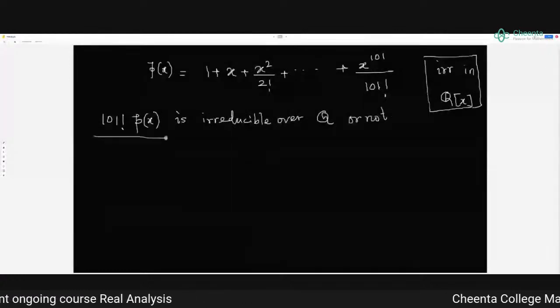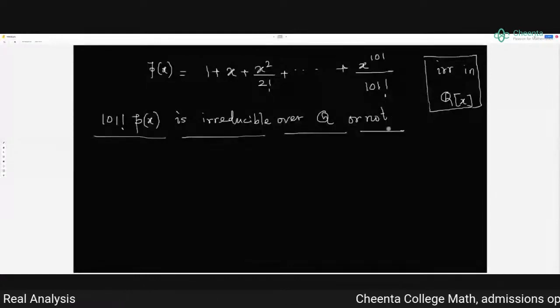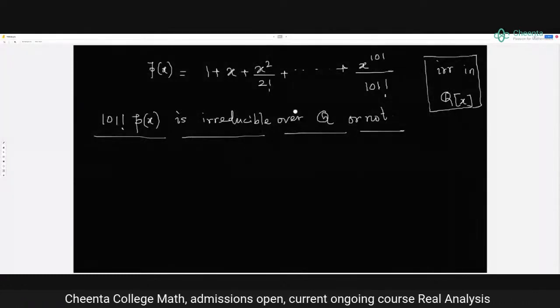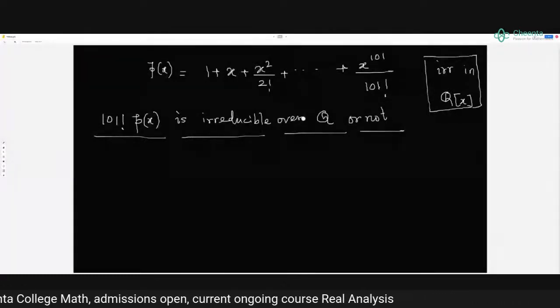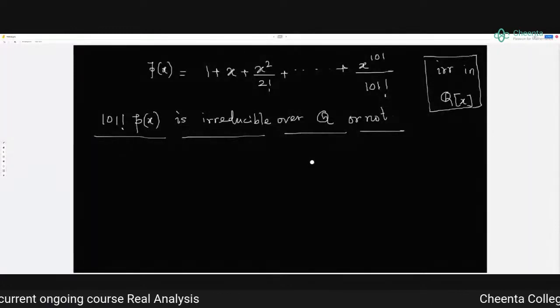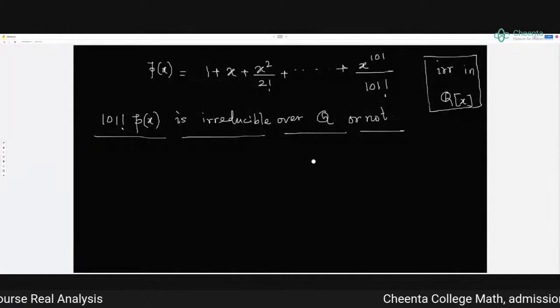This is necessary and sufficient, because if 101 factorial P(x) is irreducible over Q, then dividing it by 101 factorial will also remain irreducible over Q.